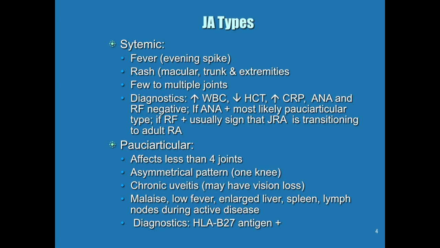They have the general signs of malaise, low-grade fever, their liver and spleen may or may not be enlarged, and they have generalized lymphadenopathy while they're in an exacerbation phase, so at the beginning and during all of their exacerbations. And this one is linked to the HLA-B27 antigen.